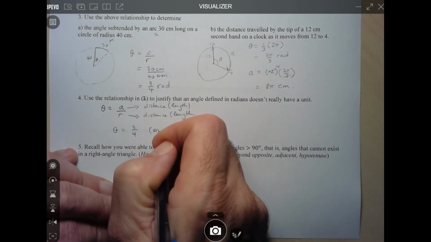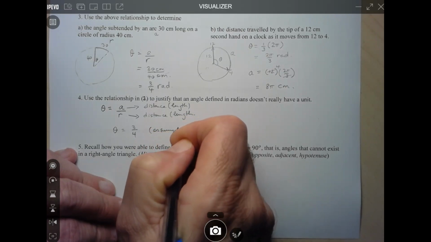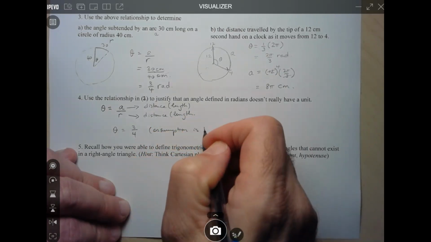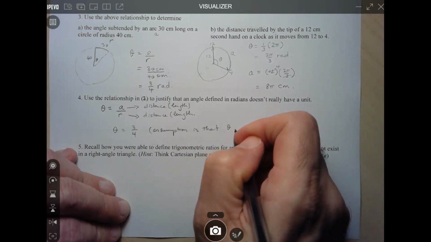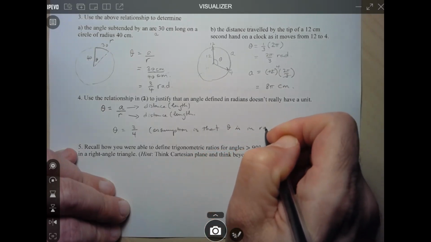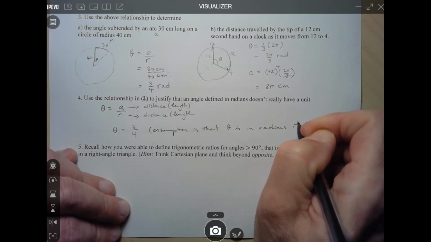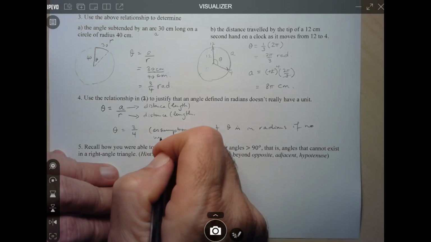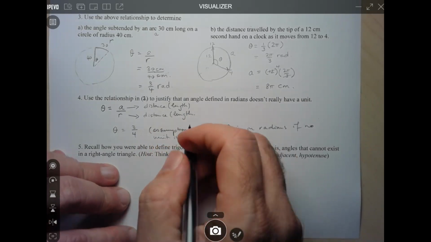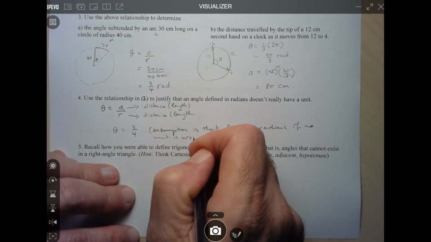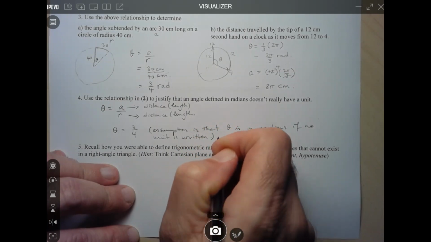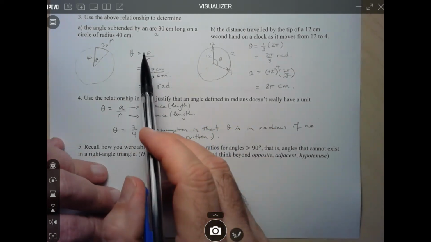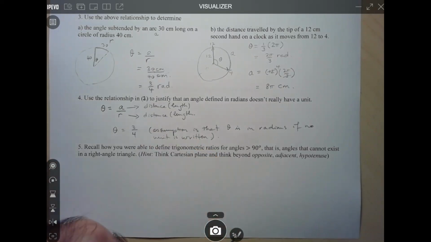So here, the assumption is that theta is in radians if no unit is written. It's this idea that a radian is defined as dividing two measures of length. Hence, there's no unit associated with it.